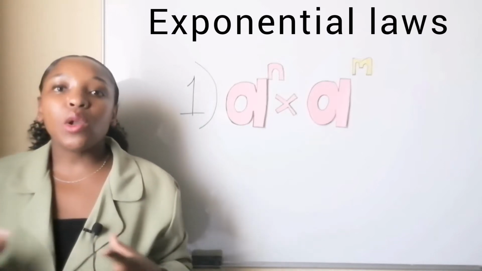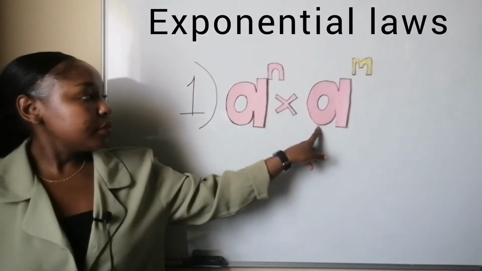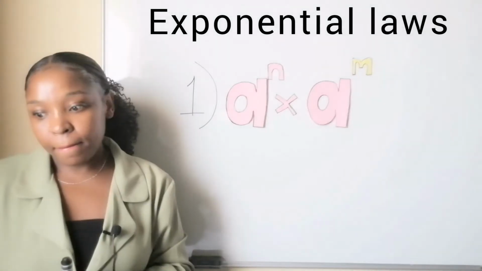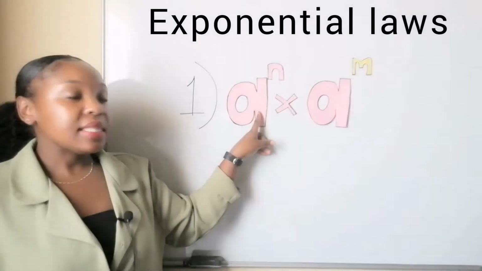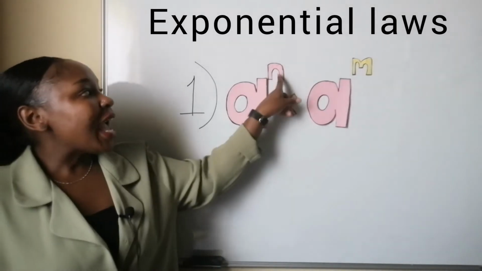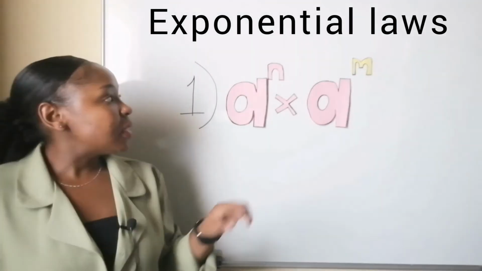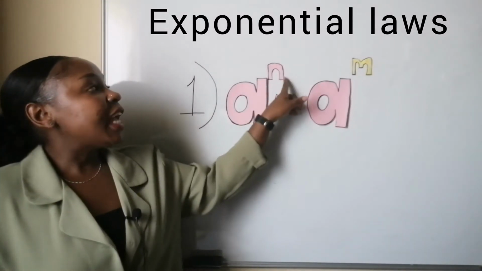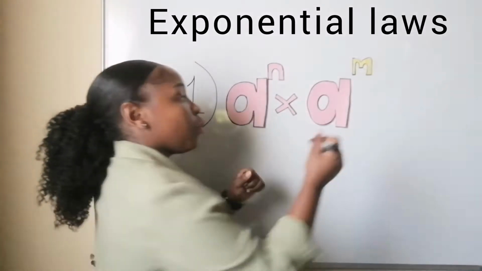This law says if you have 2 powers with the same base, so that base is a and that base is also a, then you add your exponents. If you're multiplying 2 powers that have the same base, then you add your exponents. That is the first exponential law.